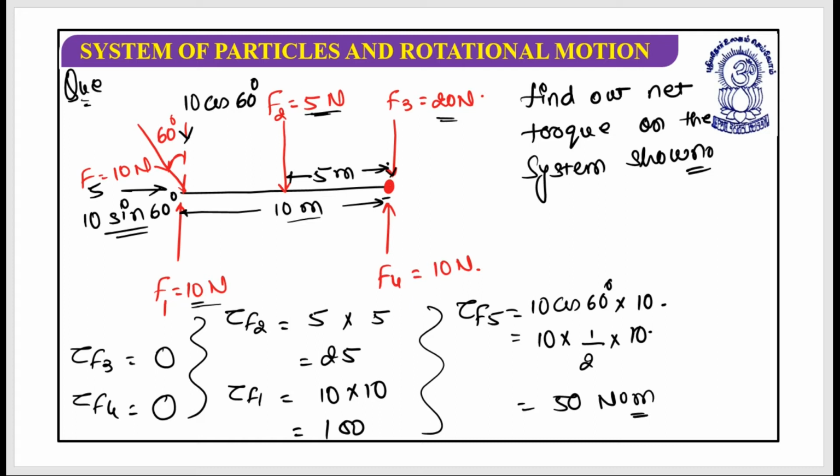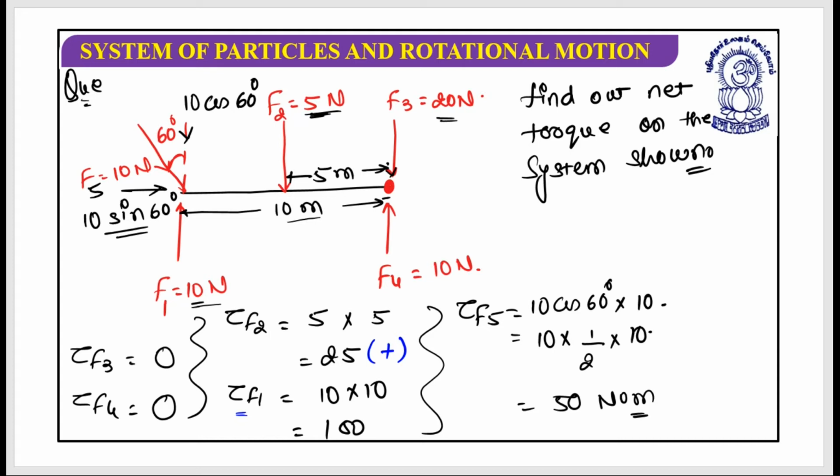Now let's talk about the directions due to these torques. Torque due to F2: F2 is the force acting over here, and it is going to rotate the body in the anti-clockwise direction, so it should be taken as positive. Next, torque due to F1.